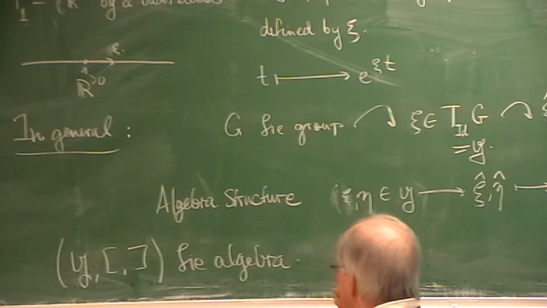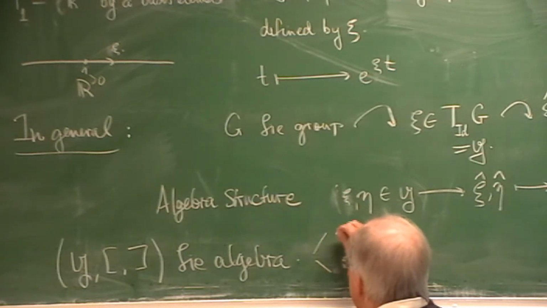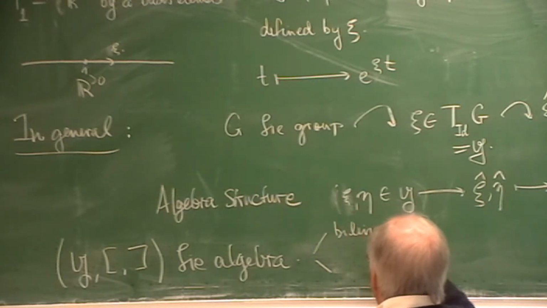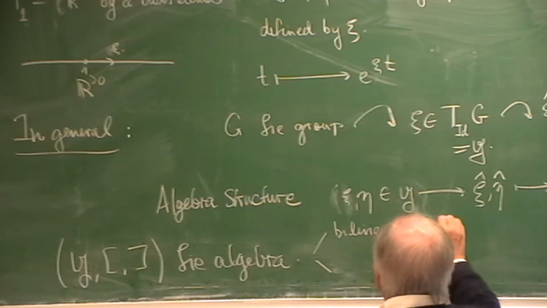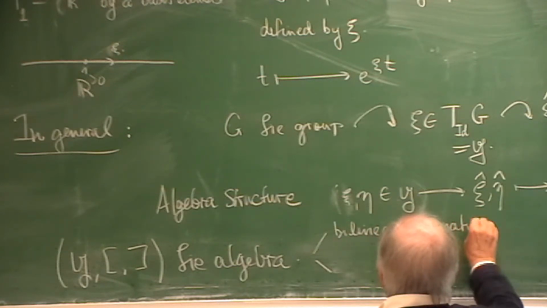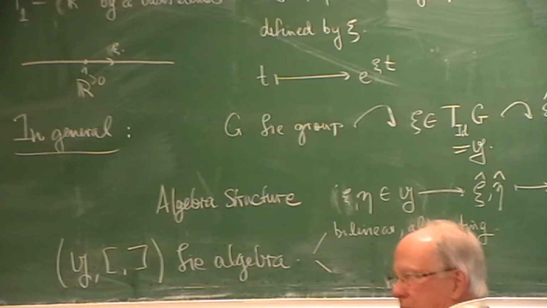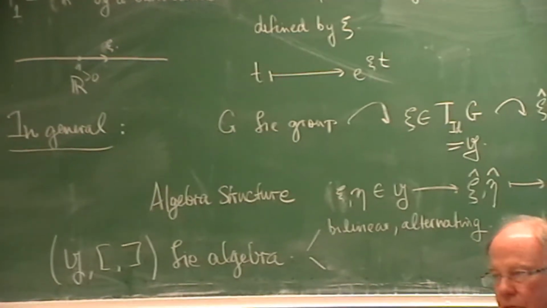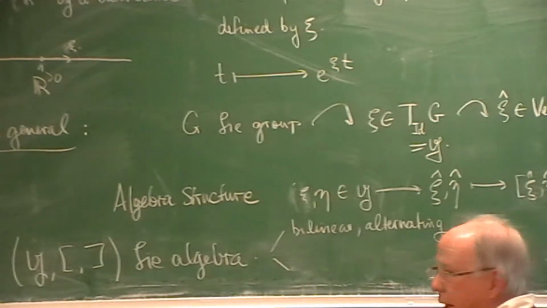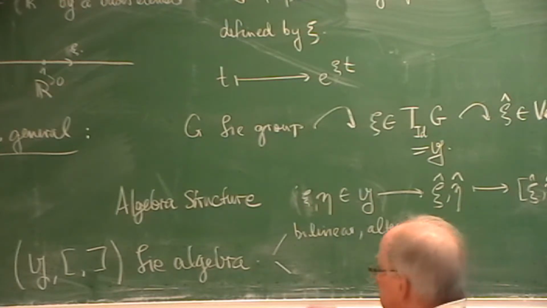What does it mean, Lie algebra? It means various things. It's bilinear. It's alternating. I mean, you reverse these things. And the key thing is the Jacobi identity.